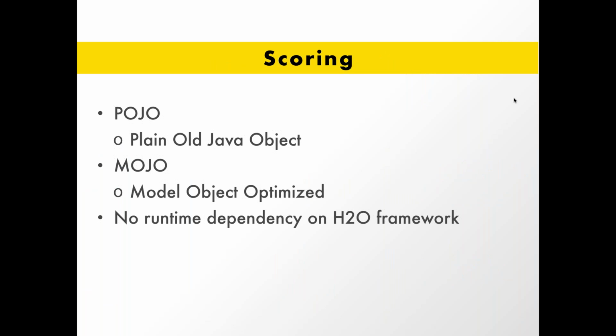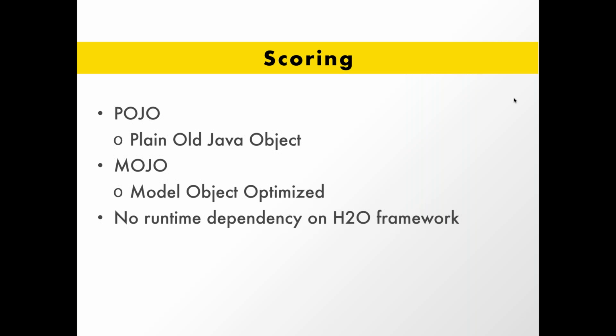And let me explain a little bit more what POJO and MOJO are. As I said, we have three different ways we can export the models. The first one was the binary model, and for that we need the H2O runtime. It has dependencies on H2O, and it needs to be running.